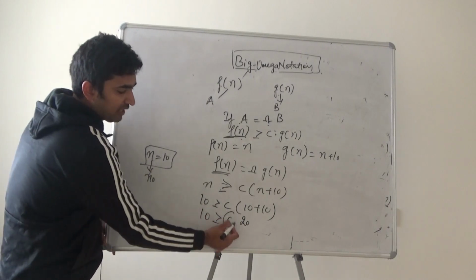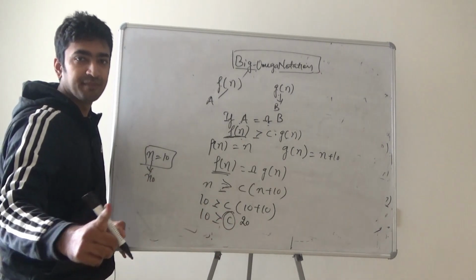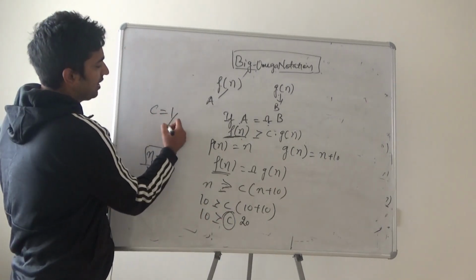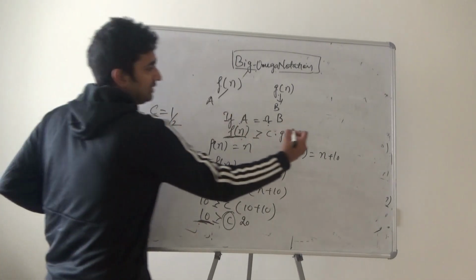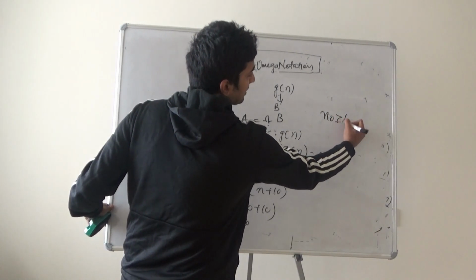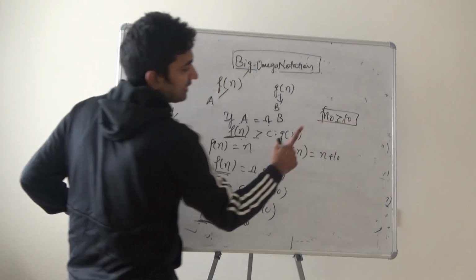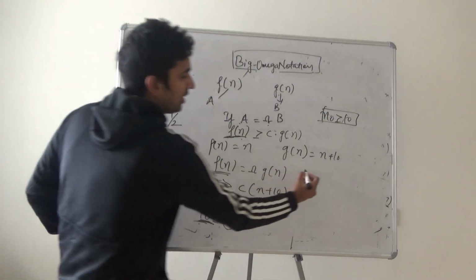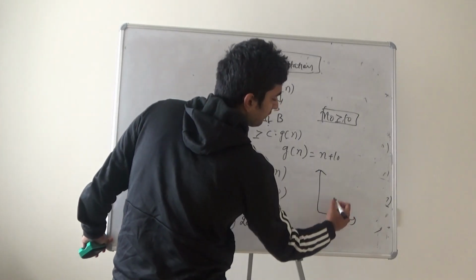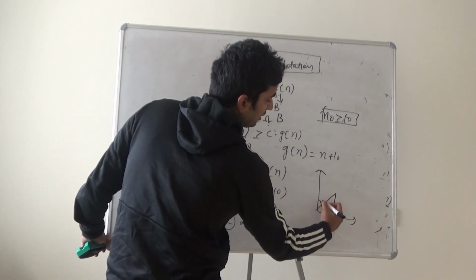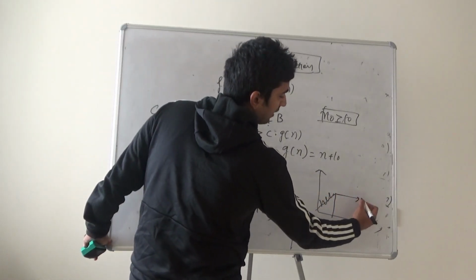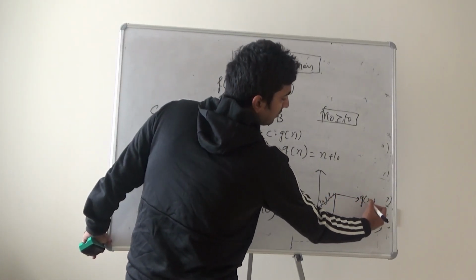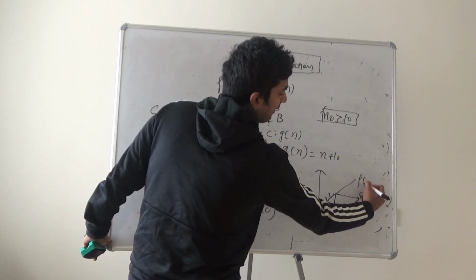So what should I put as the value of C? C is a constant, by the way. If I put the C value as half, I can satisfy this condition. So at n naught greater than or equal to 10, I can satisfy this condition. I can clearly create a graph where your values are not constrained, showing Cgn and your Fn.